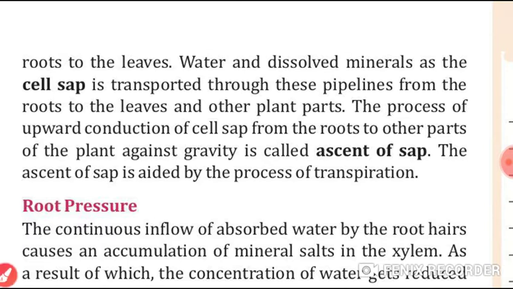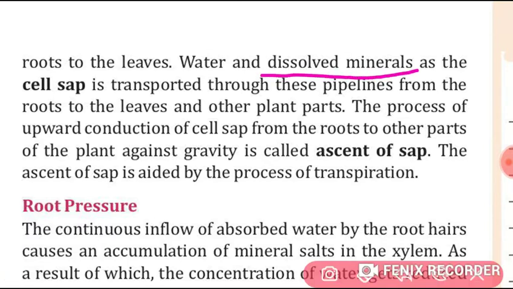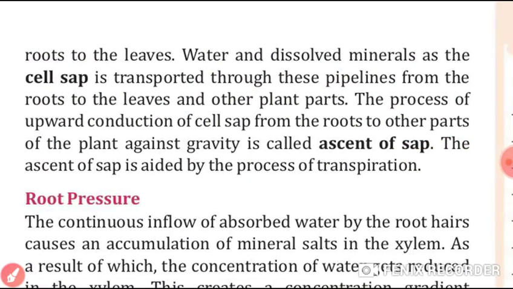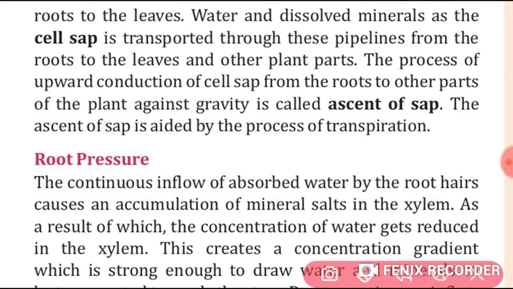Now, water and dissolved minerals, we may call them, totally combined, as cell sap. They are transported through these pipelines from roots to the leaves and other parts. So the process of upward conduction of the cell sap.